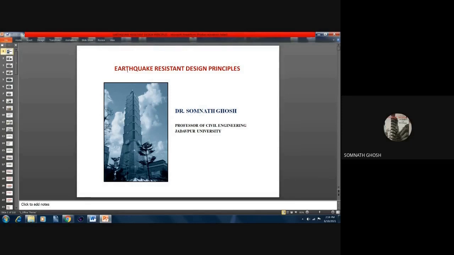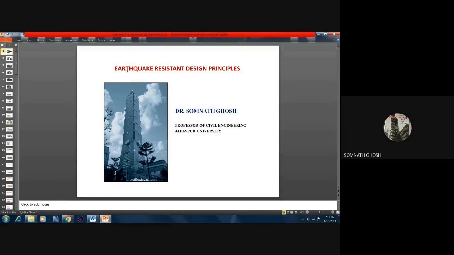I wanted to make it very clear to you that when we go for earthquake resistant design methods, which are normally given in the code, before that we have to appreciate the principles.